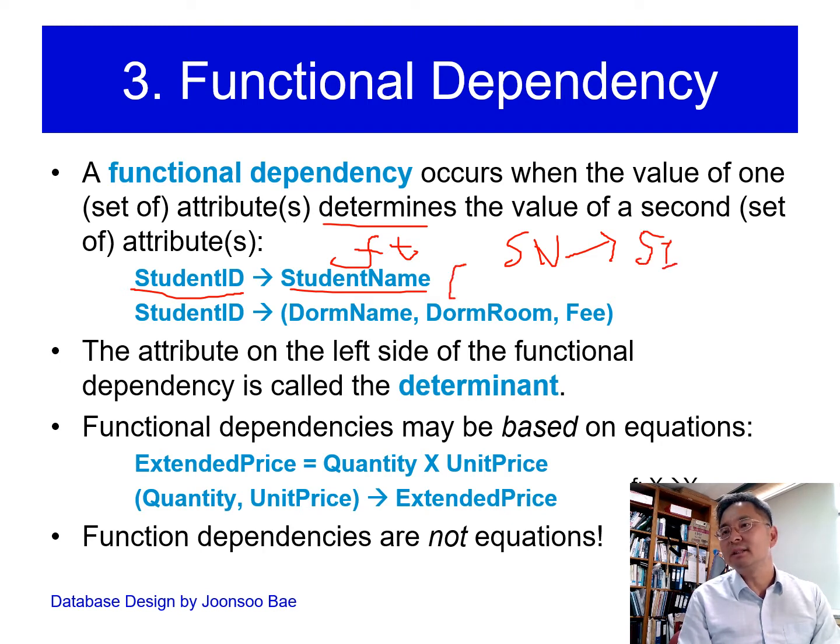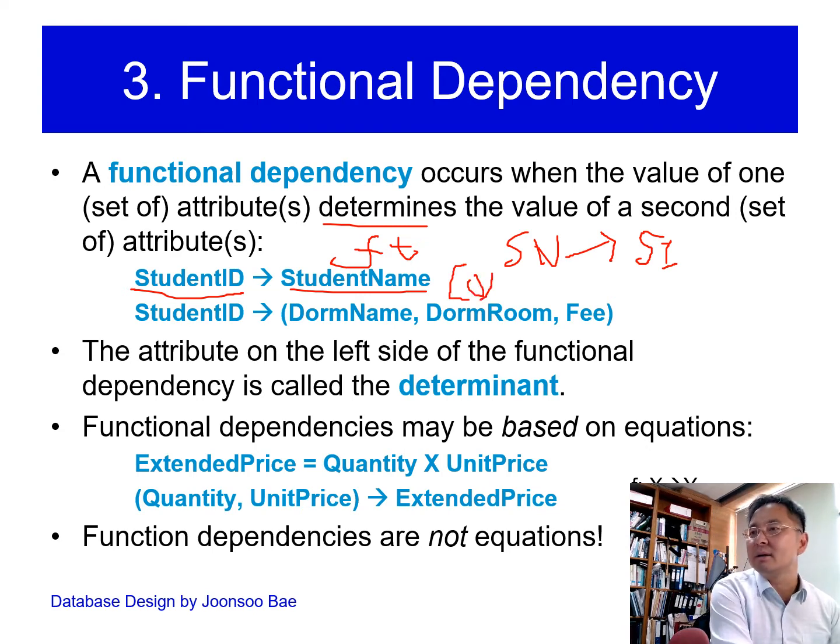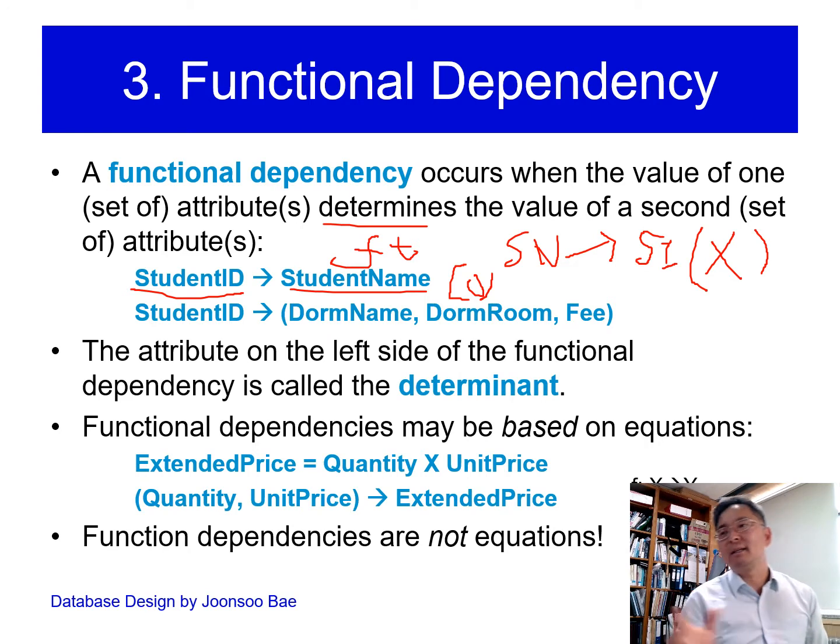Can you decide whether the reverse is a function or not? No. Why? What is the counter example showing that this is not a function? Can you guess? If two students have the same name, then it's a homonym, homo-named.